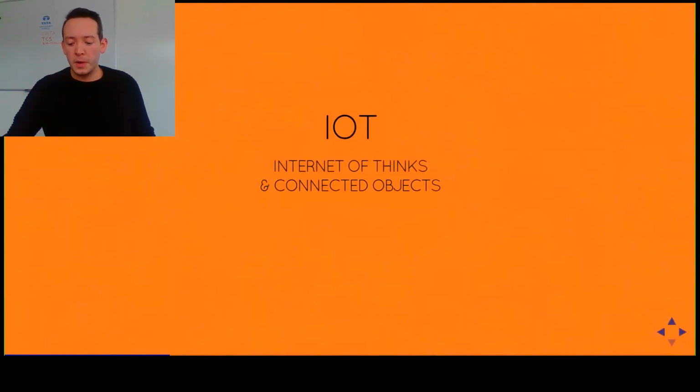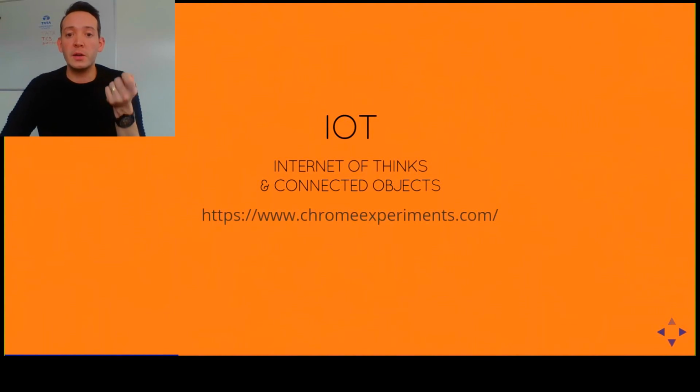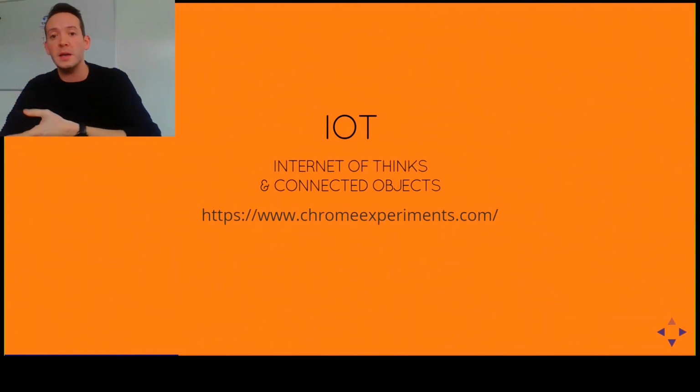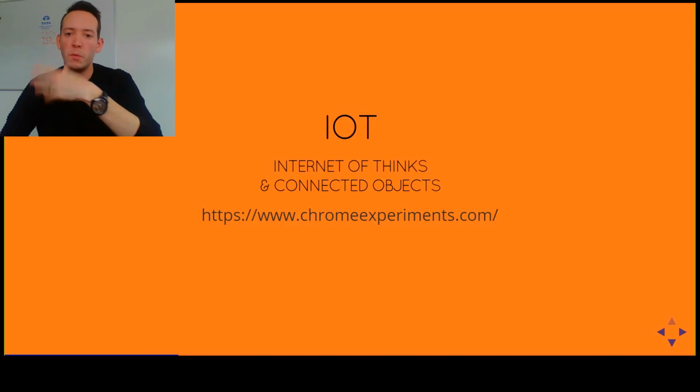Even more, with front-end you can do connected objects and the Internet of Things. That means you connect something that is developed on a mobile or on a computer to another device that is developed with the same technology, front-end technology, but on another device. Like, sorry for the quality of the video, this is my presentation.